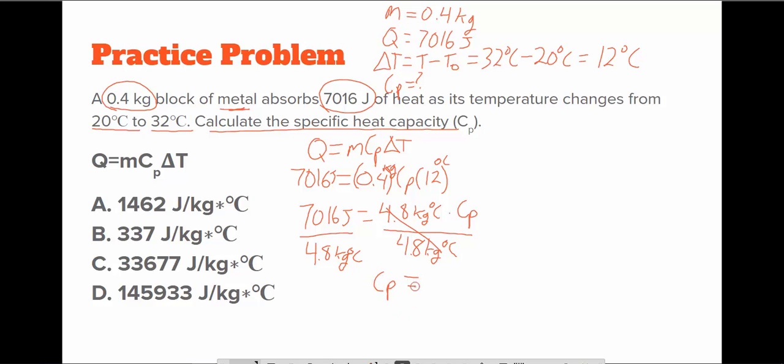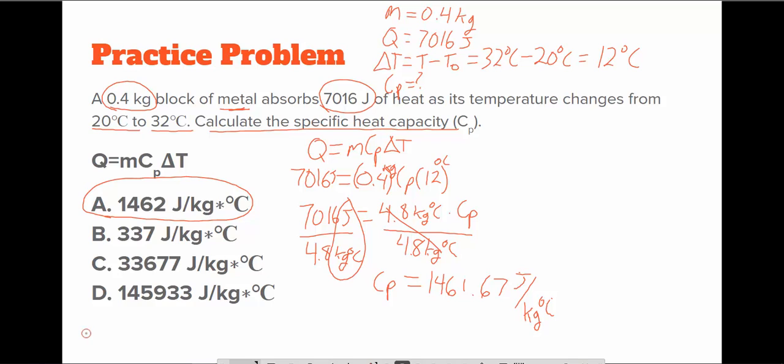So C sub P is 1461.67. And it would have these units here, so joules per kilogram degrees Celsius. If we look at our choices here, obviously this one is rounded. And that's our answer.